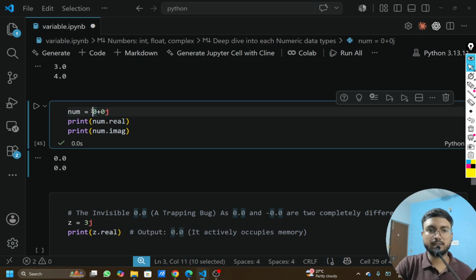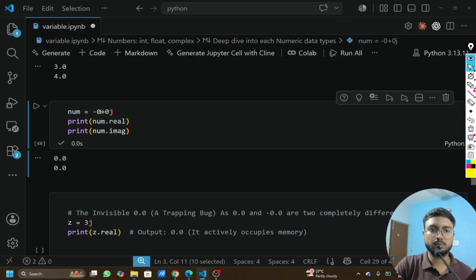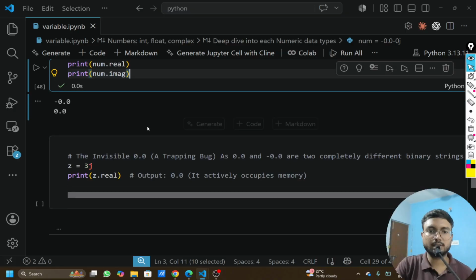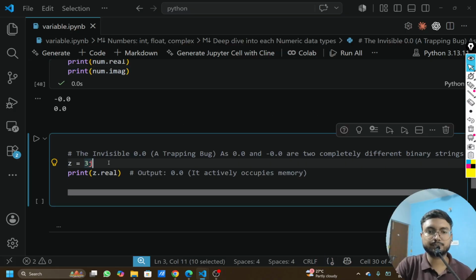Yeah. And what if I add minus in front of this? Will it have some implication? No problem. So it's treating the minus the same. But here it's treating the imaginary part differently. You can see it's adding minus 0.0 instead of 0.0. So this we have to be careful about, and this is what I have tried to write here.